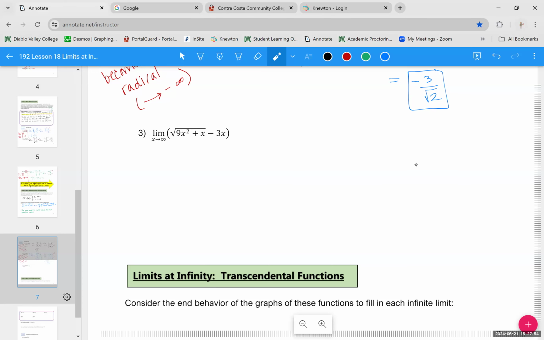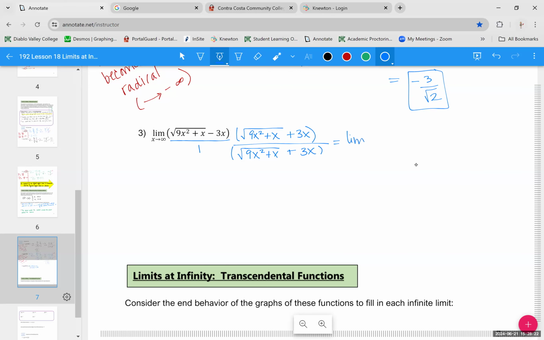So in this case, what we're going to do is we're going to turn it into a rational function so that we can apply this method by multiplying top and bottom by the conjugate. So this conjugate method is back, and it's basically just a way to turn this into a rational function that we can then analyze, because as it's written, there's not much we could do with it.